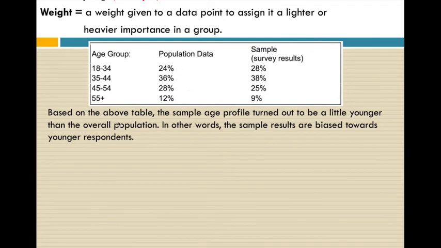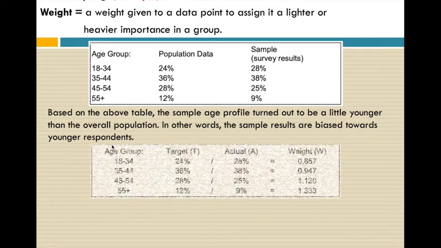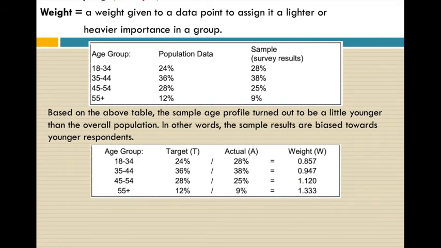So based on the table, the sample age turned out to be a little younger than the overall population. So it's more toward the 18 to 34, okay, which doesn't quite represent the entire population. Again, in other words, the sample results are biased towards younger respondents. So we need to fix it. How to fix it? We apply weight.